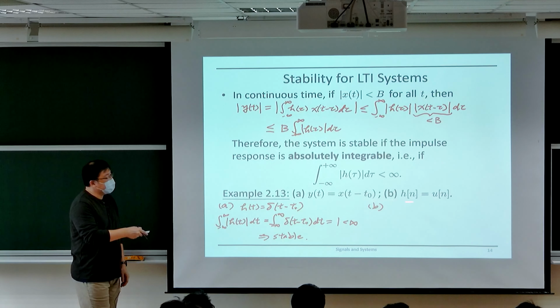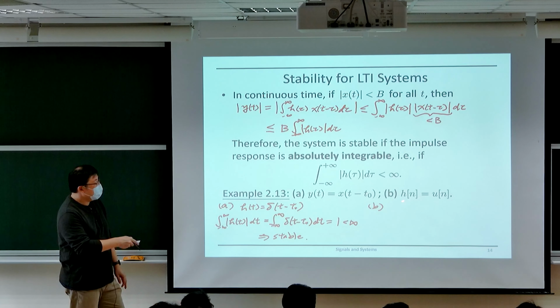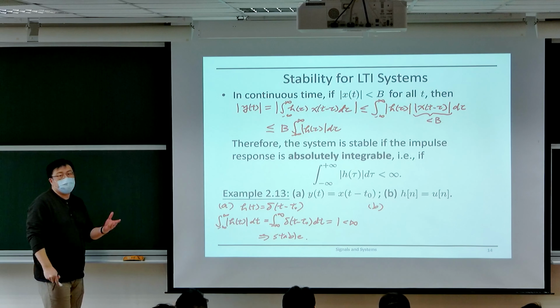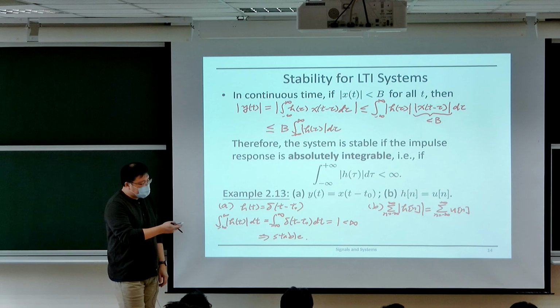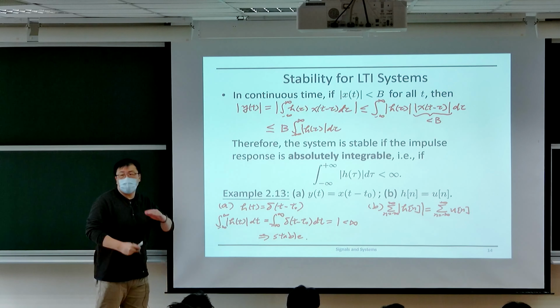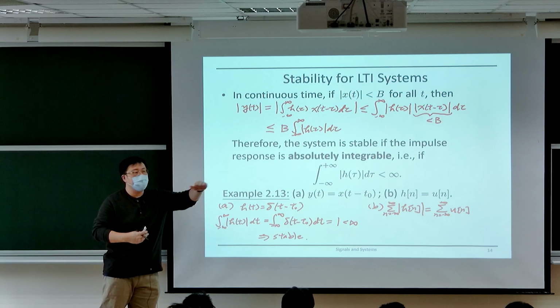Now, suppose we look at this other system here, where the impulse response is equal to a unit step function. To check if this is stable or not, we take the absolute sum, which is equal to the sum of u of n. And this is because the unit step function is equal to 1 from time 0 up to infinity.